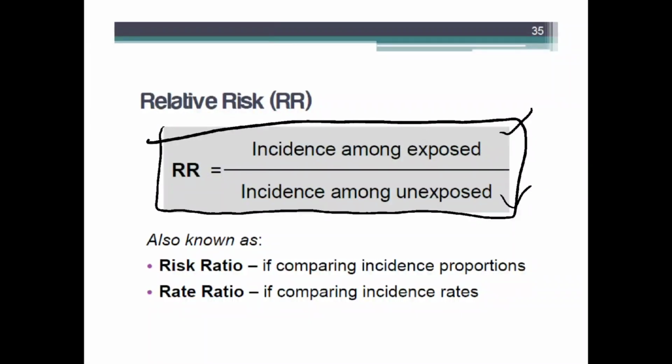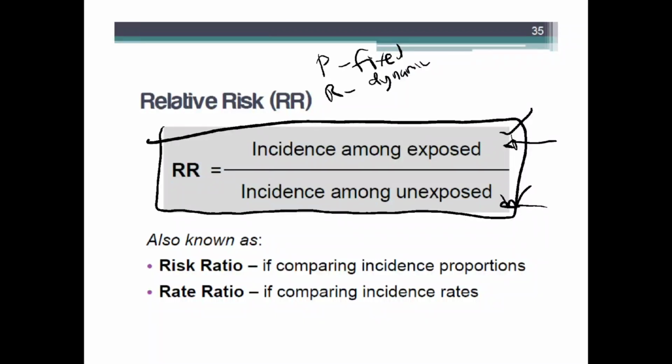Kamukhang-kamukha lang ni prevalence. The difference is kung paano natin makukuha tong mga value to. Okay? And, syempre, magdedepende rin yan if yung incidence mo is proportion ba or incidence rate. No? Tandaan nyo, pag proportion, fixed. Pag rate, dynamic population. Dynamic population, paiba-iba. Ibig sabihin, person time.